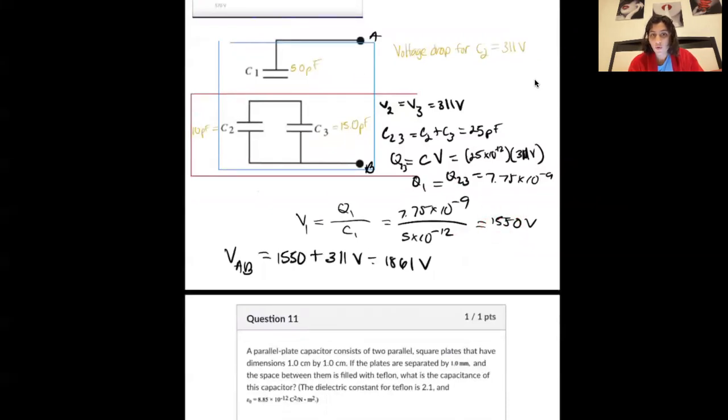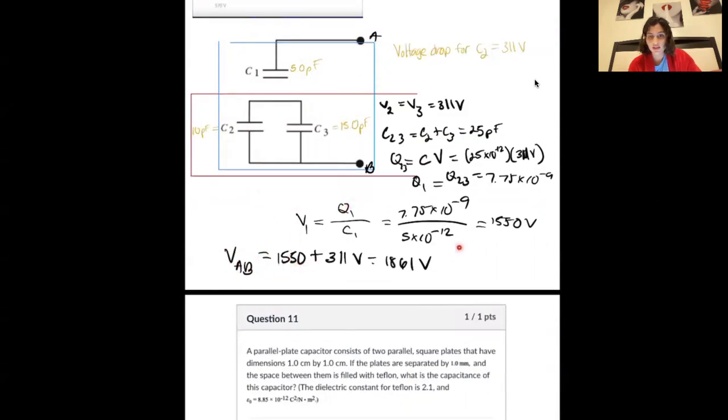To get the voltage of the whole system, we add the voltage that we got from C2 and C3, this voltage in this red square that I drew, and then the voltage in the whole thing, right? The voltage between C1 and C2, C3. So that would be the voltage of AB, where I labeled my points A up here and B here to represent the whole system.